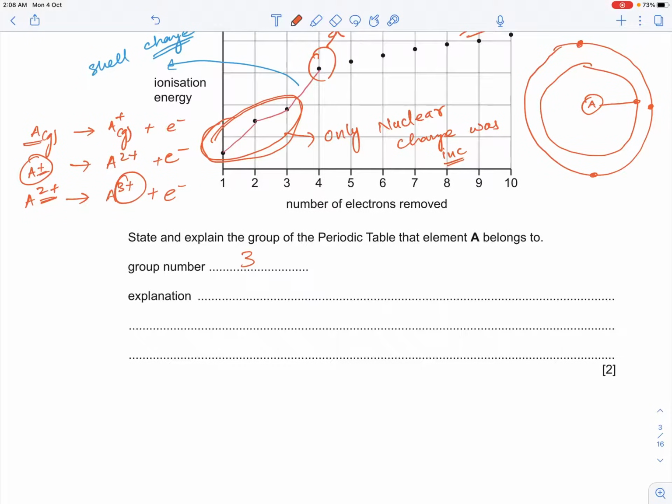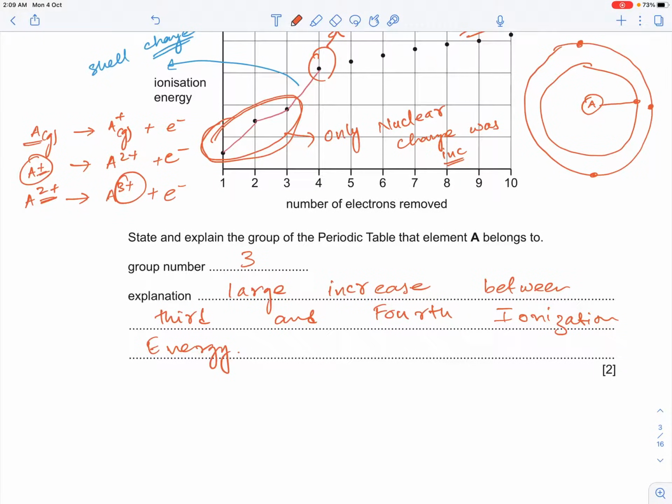And the explanation is that there is a large increase between the third and fourth ionization energy. Alright, so I hope you get this point. Whenever there is a large increase in ionization energy between two ionization energies, it is a shell change, and you can easily tell which group this element belongs to.